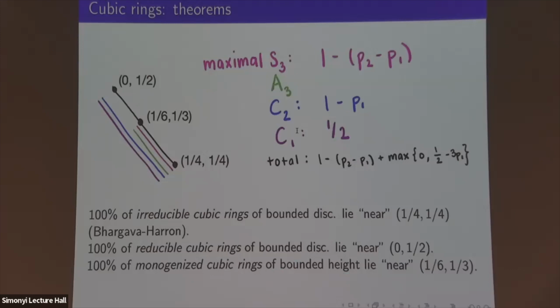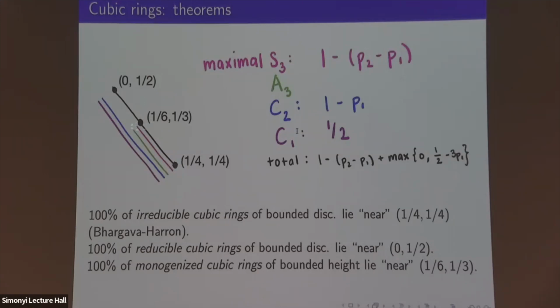So this is another way in which we can see that monogenic cubic rings really act quite differently than general cubic rings, because general irreducible cubic rings all sit over here basically, and 100% of monogenized cubic rings of bounded height all sit over here. So it's one way to see the difference. And it's also one way of explaining second order terms in cubic rings. If you plug in the density function for maximal S3 cubic rings here, you get 1.